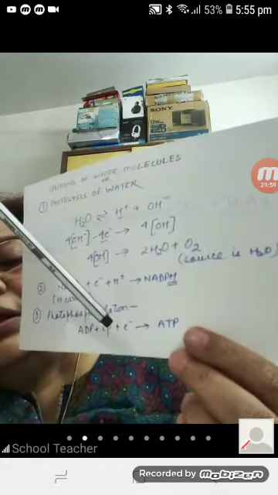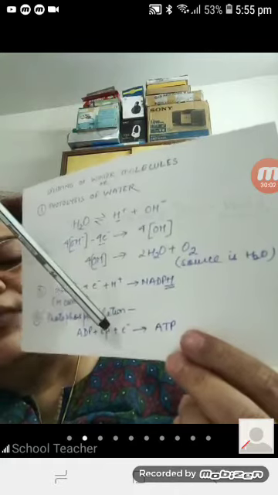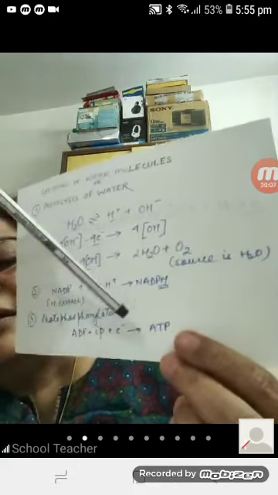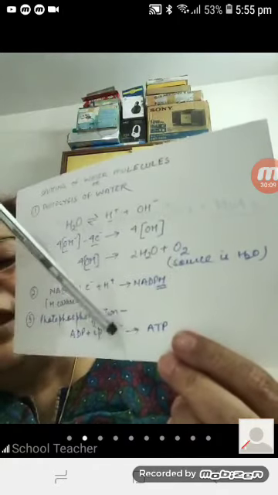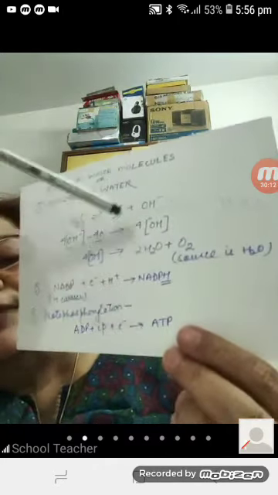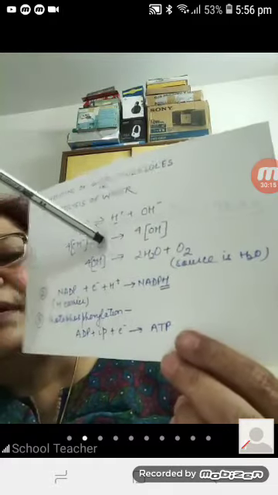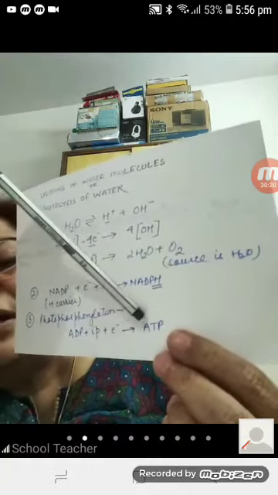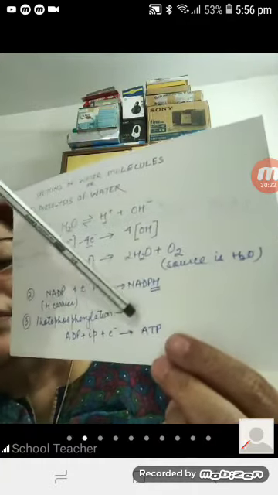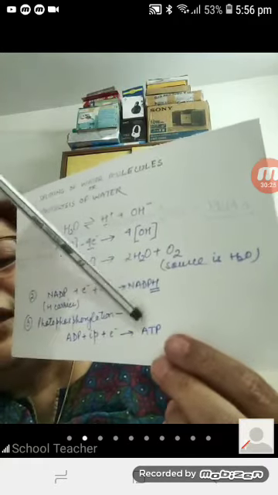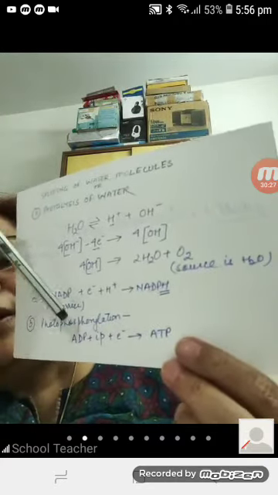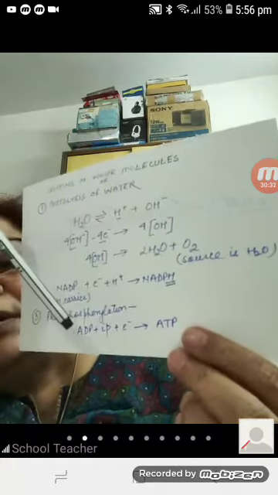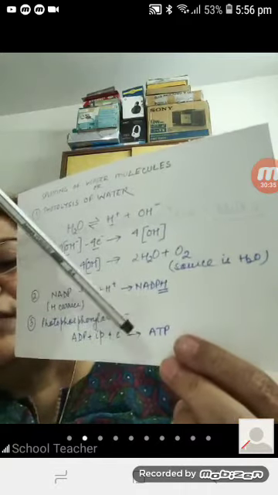The bonding between inorganic phosphate and adenosine diphosphate is created with the help of energy of the electron, which is released due to photolysis of water. As a result, ATP is formed. So this is synthesis of ATP in the presence of light, splitting of water molecule. So this is called photophosphorylation.